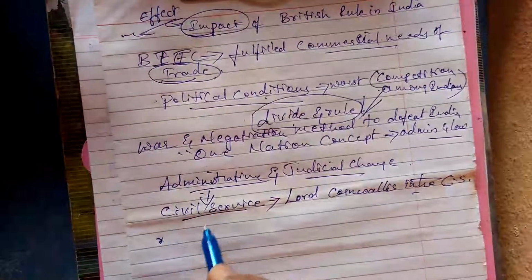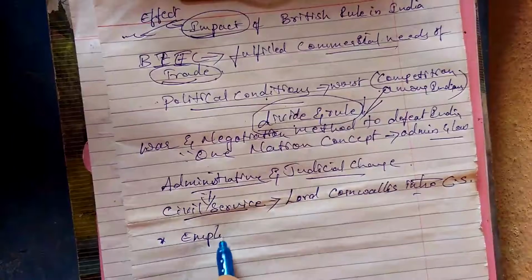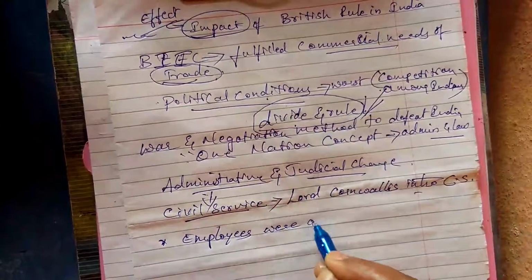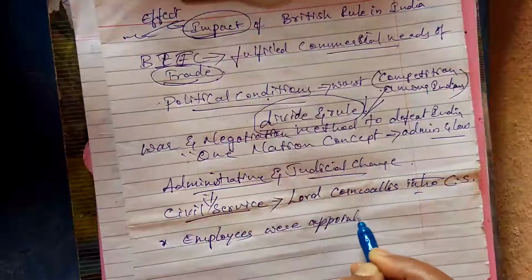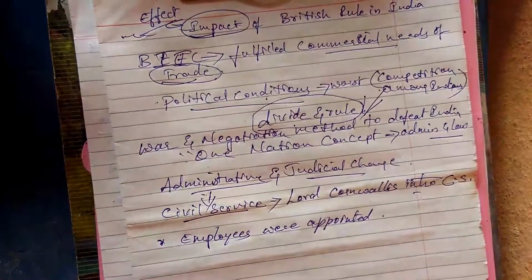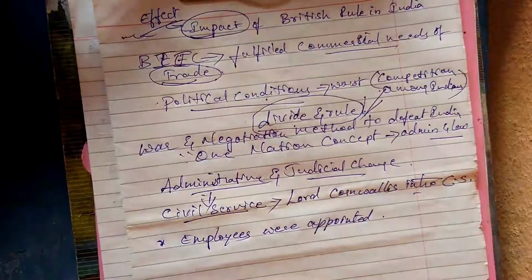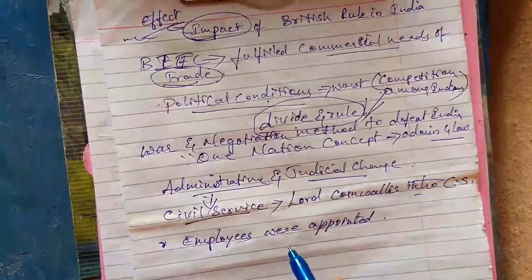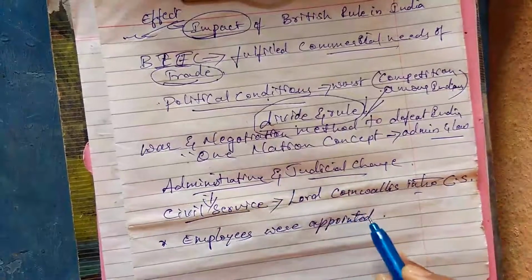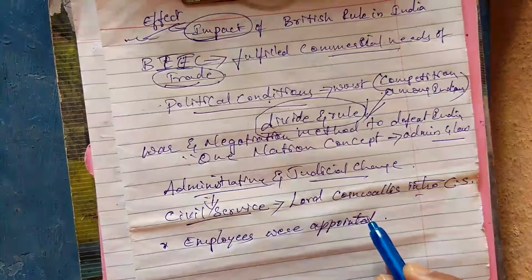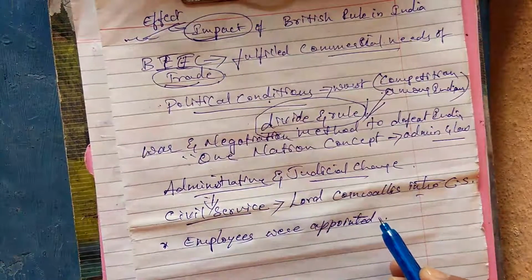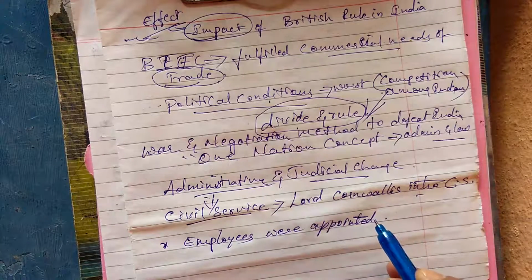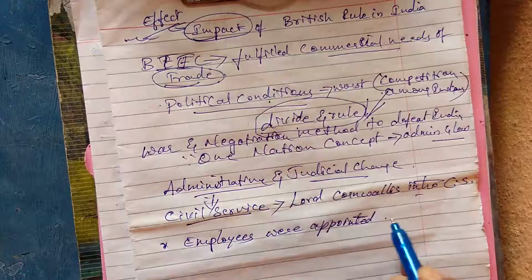Here in civil service, employees were appointed. For the first time in India, Lord Cornwallis planned this. Before that, employees were not appointed this way; they were based on the hereditary method. But now he said, depending on their ability, we need to appoint the employees.